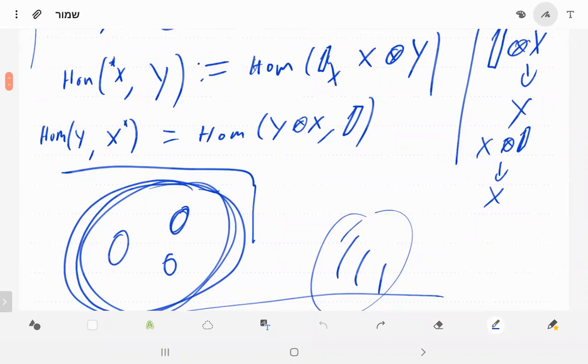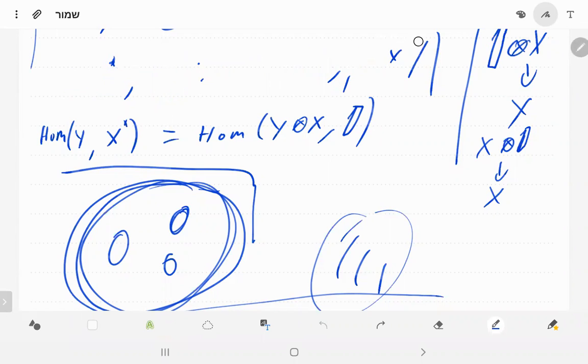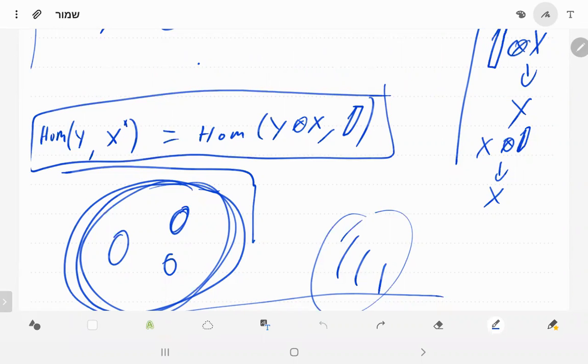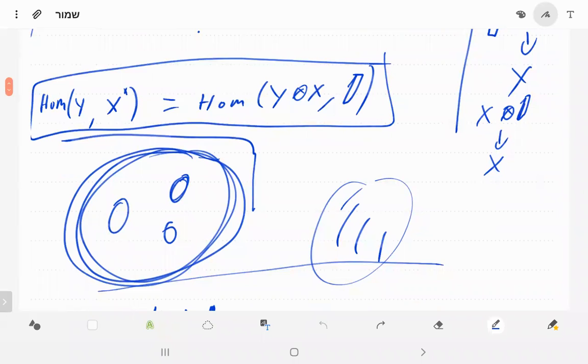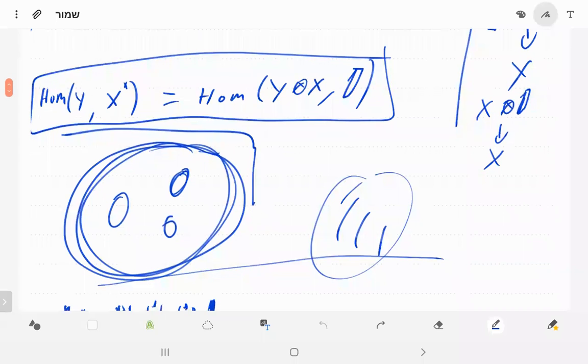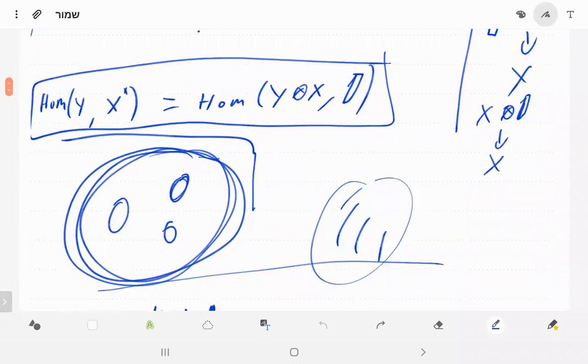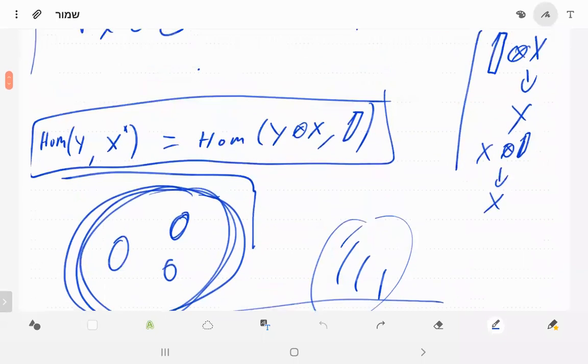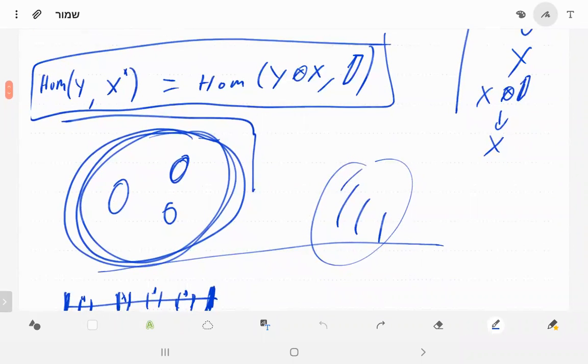So now we talked about duality. Let's talk only about this dual, and probably the other dual is just when you change the order of the tensor product.